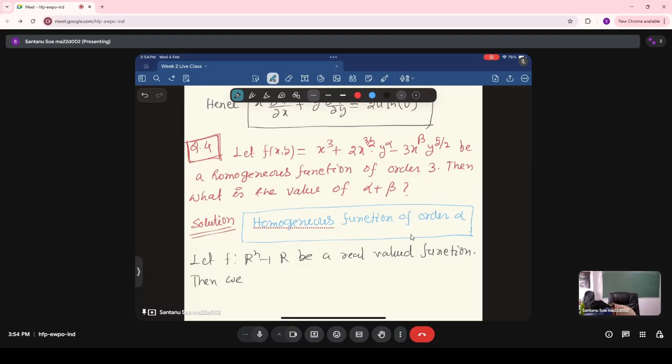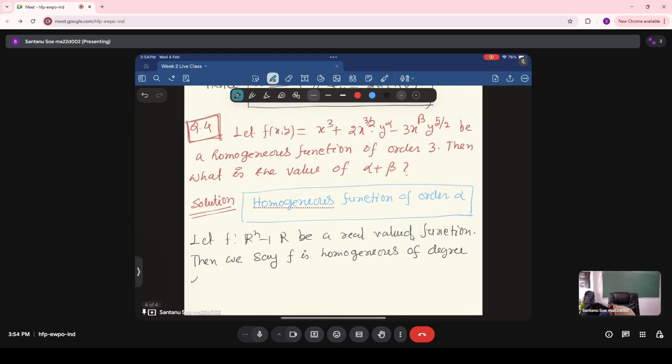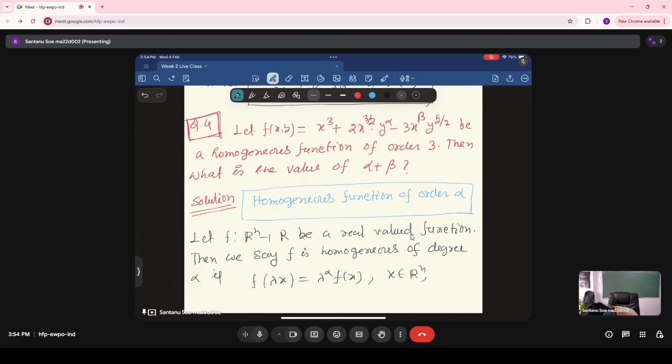Then we say f is homogeneous of degree alpha if f of lambda x equals lambda to the power alpha f of x, where x is in Rn and lambda is in R. Okay, so x is in Rn means x looks like this. So this is an n-tuple where each xi is a real number.